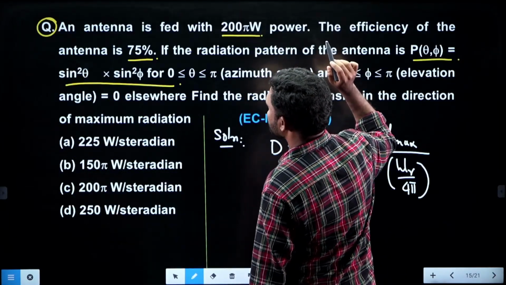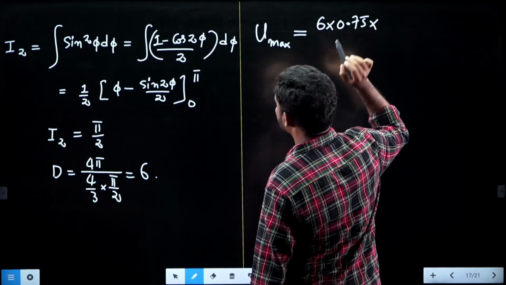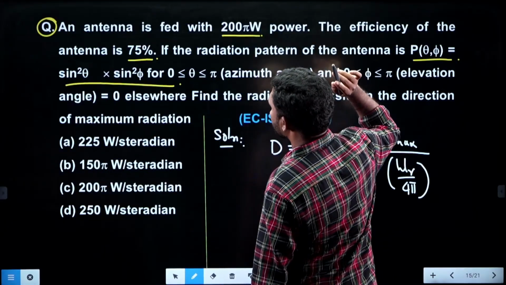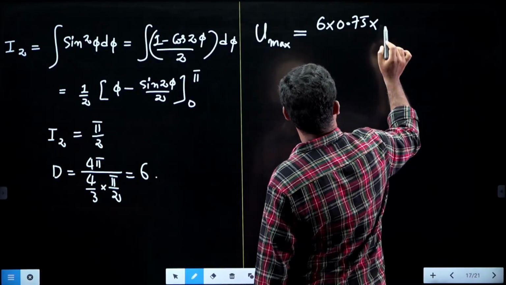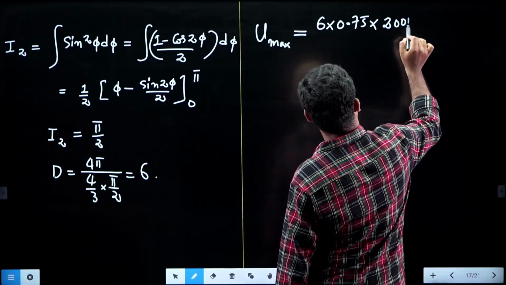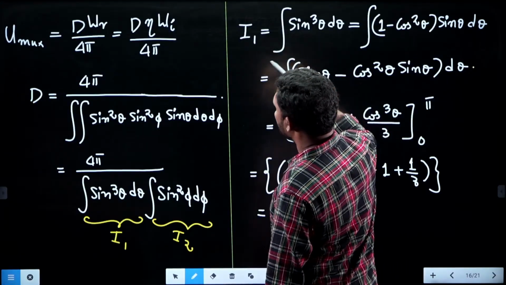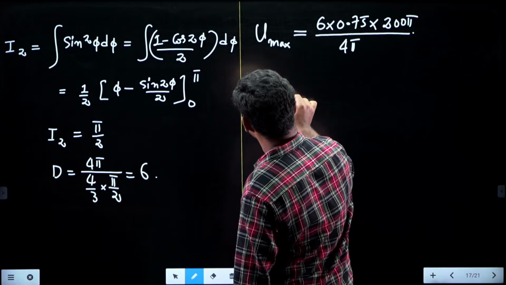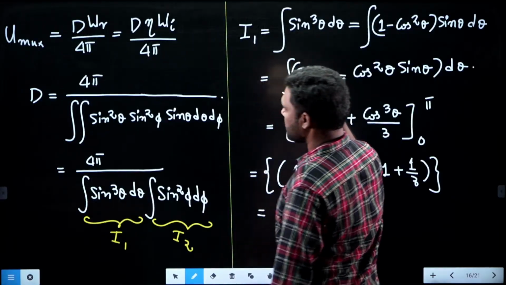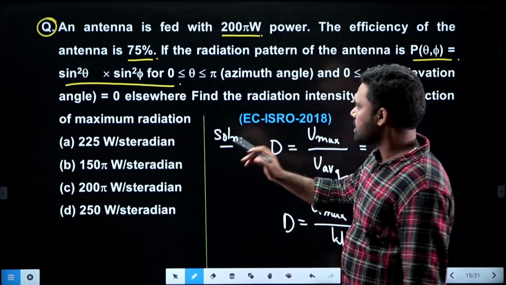Eta. What is the efficiency? 0.75 into what is the power which is supplied to the antenna? 200 pi watts. It is 200 pi divided by 4 pi. So you are going to get U max. How much is the U max, guys? Check out this value, around some 225 watts per steradian.